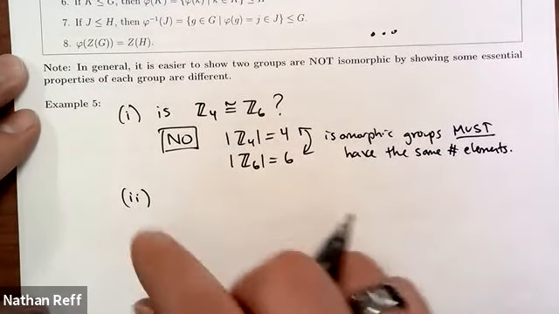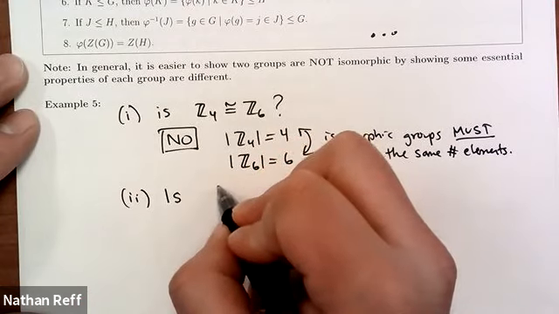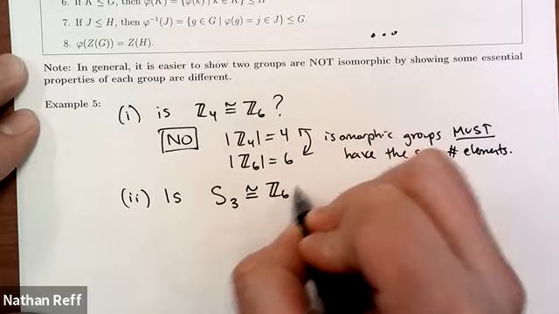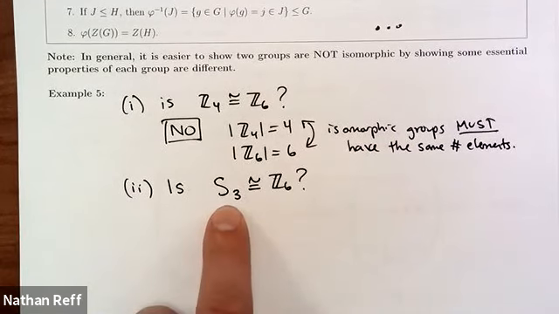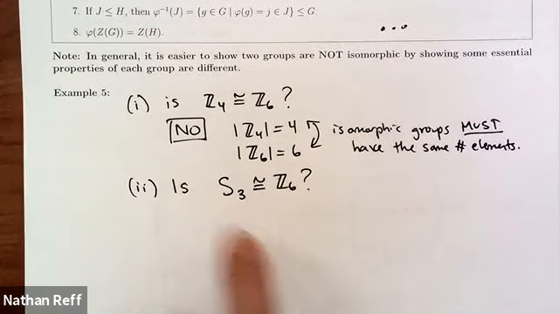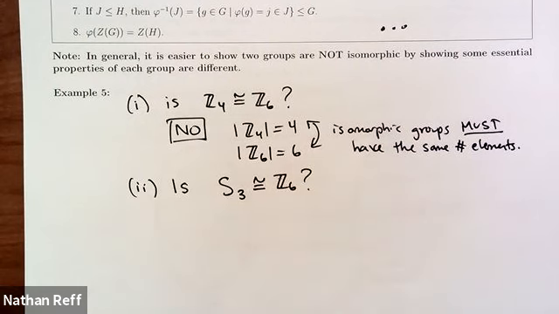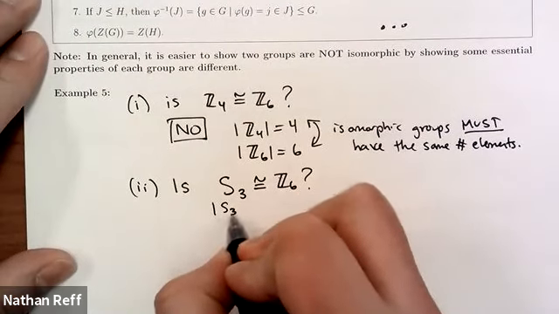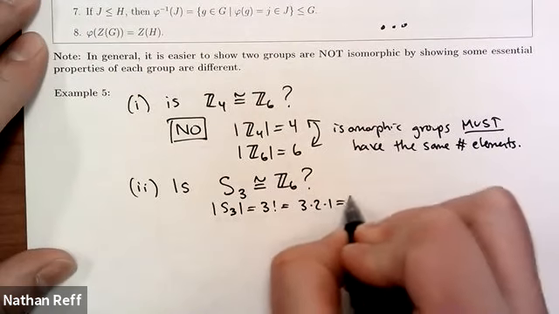Maybe I'll give you one more and leave you on a cliffhanger, because I think our brains are a little bit fried. So is S3 isomorphic to Z6? The order of S3 is 3 factorial, which is 3 times 2 times 1, which is 6.